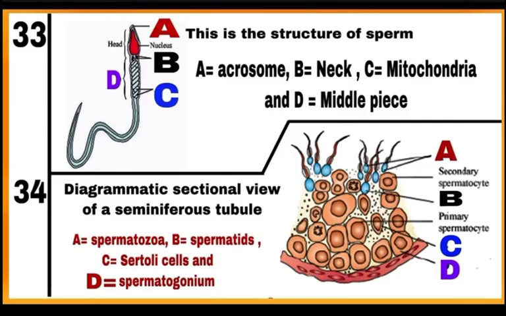It is a diagrammatic sectional view of a seminiferous tubule, where A are spermatozoa, B spermatids, C Sertoli cells, which provide nourishment to the germ cells, and D spermatogonium.